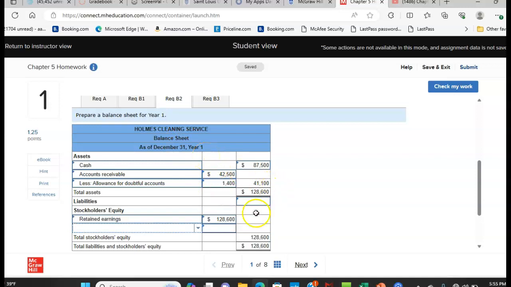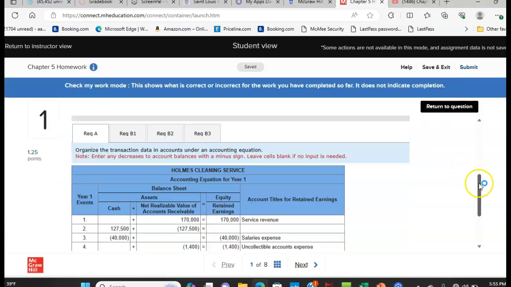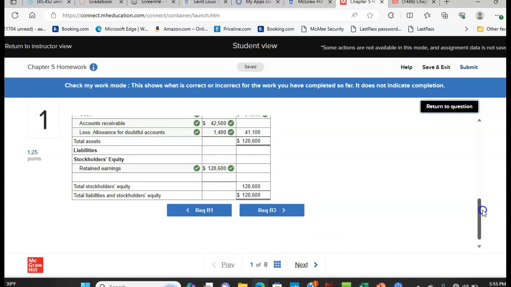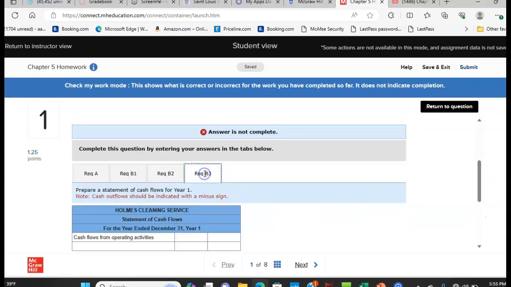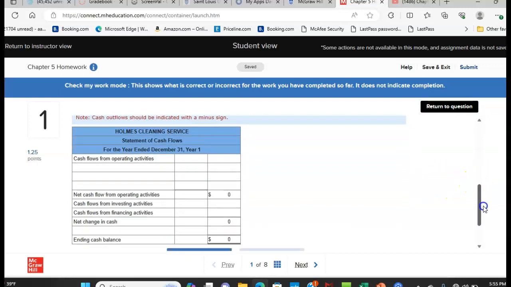Our assets equal our liabilities plus stockholders' equity. And let's check our work on that one just to make sure. Didn't miss anything on that. The balance sheet looks good. And now we go on to requirement number 3, which is our statement of cash flows.